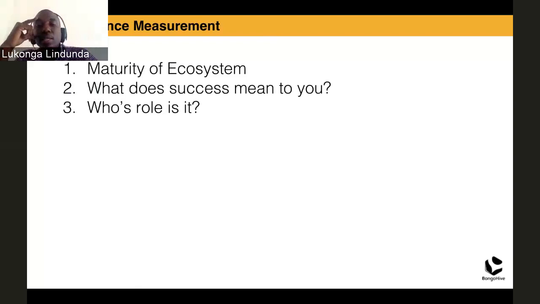Number 2 and 3, what does success mean to you? It's important because if success to you is measured against the success of a hub in Kenya, and you're not in Kenya, I can tell you that you will fail.